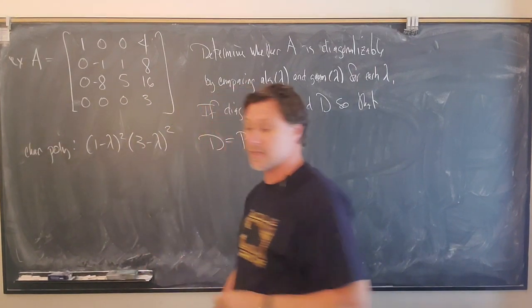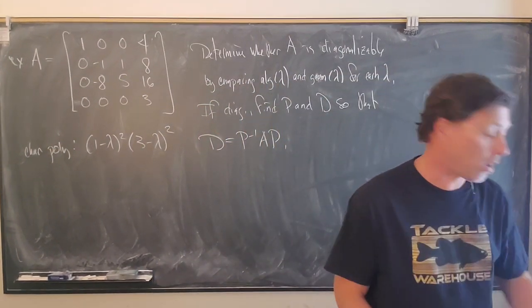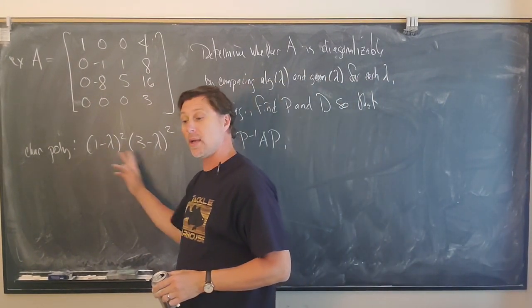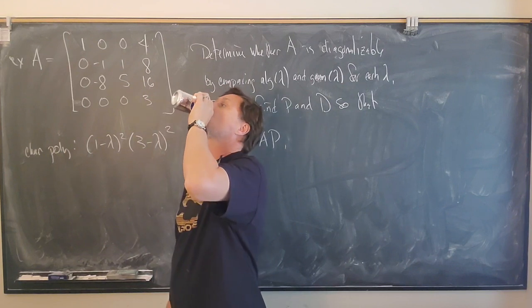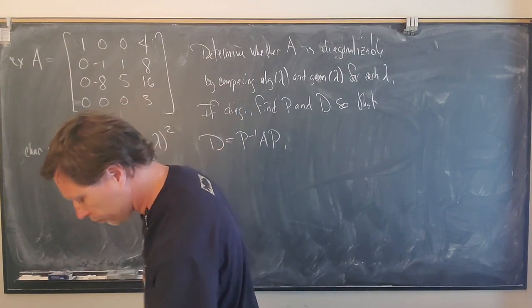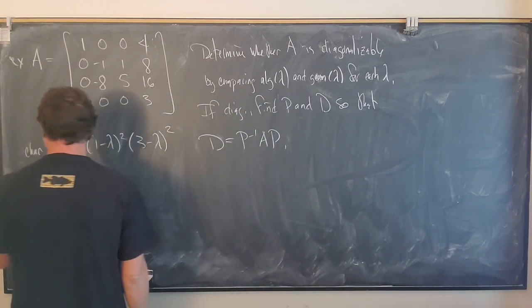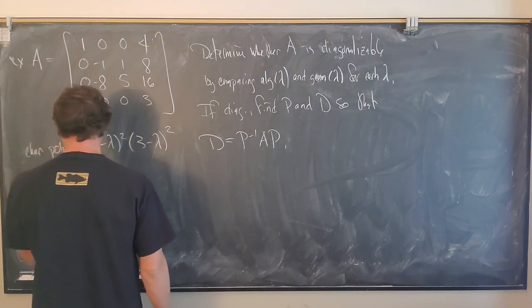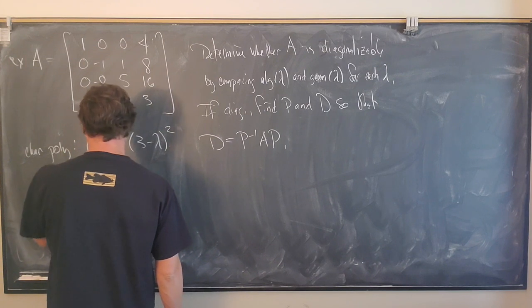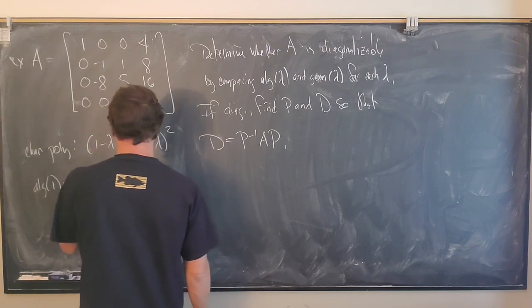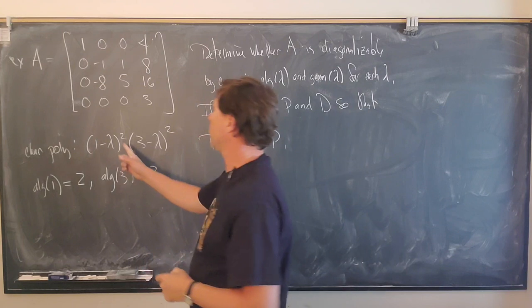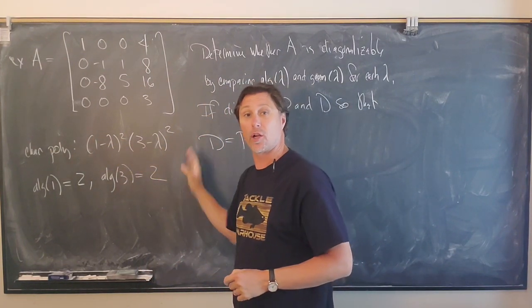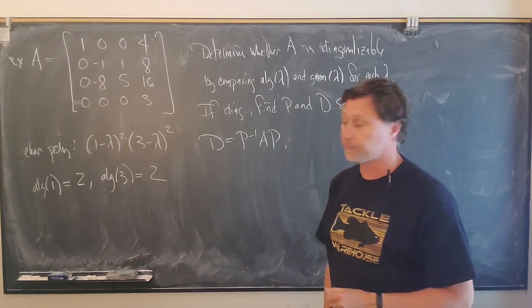And what we can see here is that there are exactly two eigenvalues, lambda equals 1 and lambda equals 3. So the algebraic multiplicity of 1 is equal to 2, and the algebraic multiplicity of 3 is also equal to 2. The algebraic multiplicity is the exponent that you see when you have the characteristic polynomial in factored form.